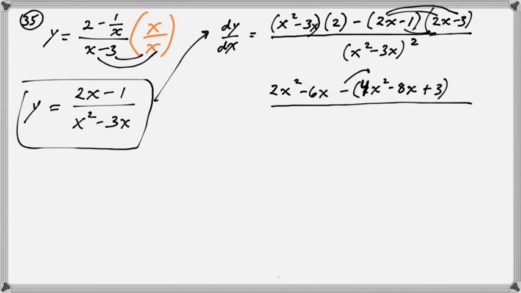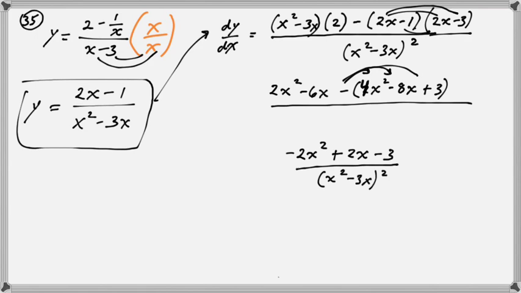What's 2x squared and a negative 4x squared? Negative 2x squared. What's negative 6x and a positive 8x? 2x, right? And is this the only constant, minus 3? I believe. Over x squared minus 3x quantity squared. I have a feeling this might factor and perhaps simplify.